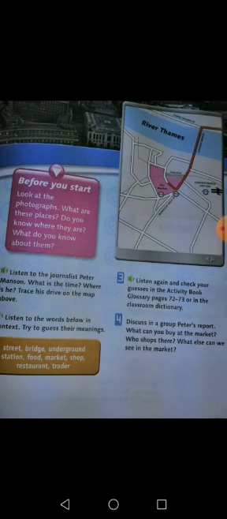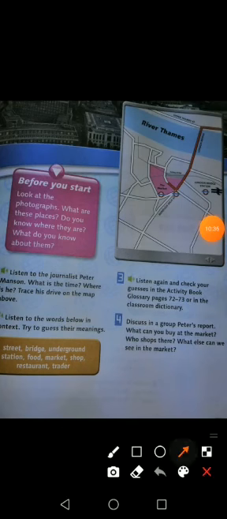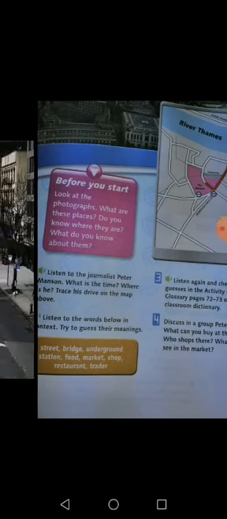So here the new word is market. Can you see? So let me show you the market. The market is a place in which people buy and sell foods and things, okay? So where is the food market? This is the food market, right?